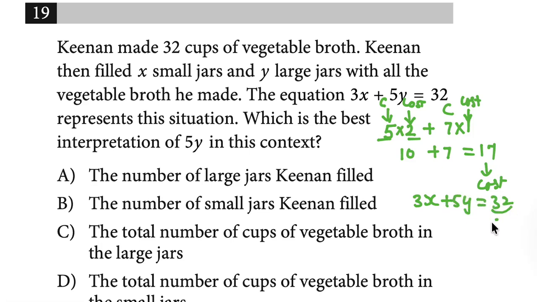So 32 is the total cups, x are small jars, y are larger jars. Let's say 3 cups are for x jars and 5 cups for large jars. So cups times jars plus cups times jars is equal to cups. So this is a cups and jars combination, 5 and y.